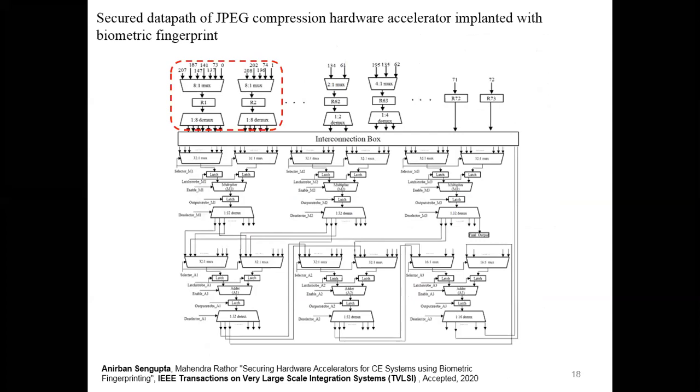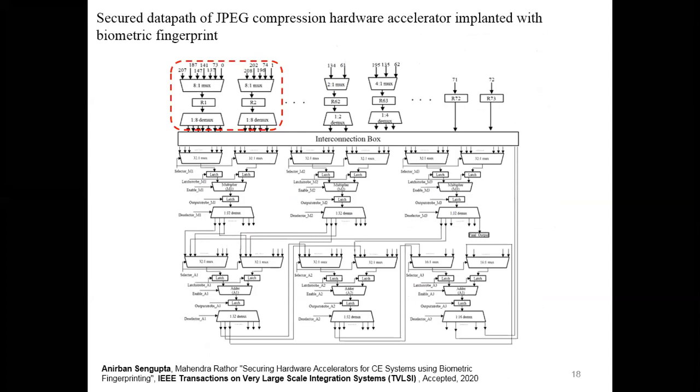Now, this is a commercial application that we have designed in our lab at IIT Indore: a JPEG compression hardware accelerator, which is responsible for performing compression of images. When you capture a specific image in your camera, it by default always gets stored in .jpg format in the digital camera folder.